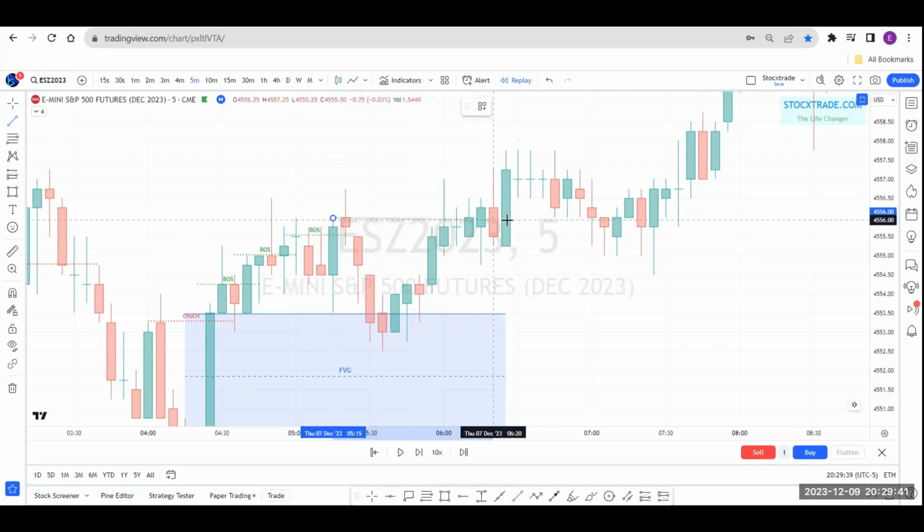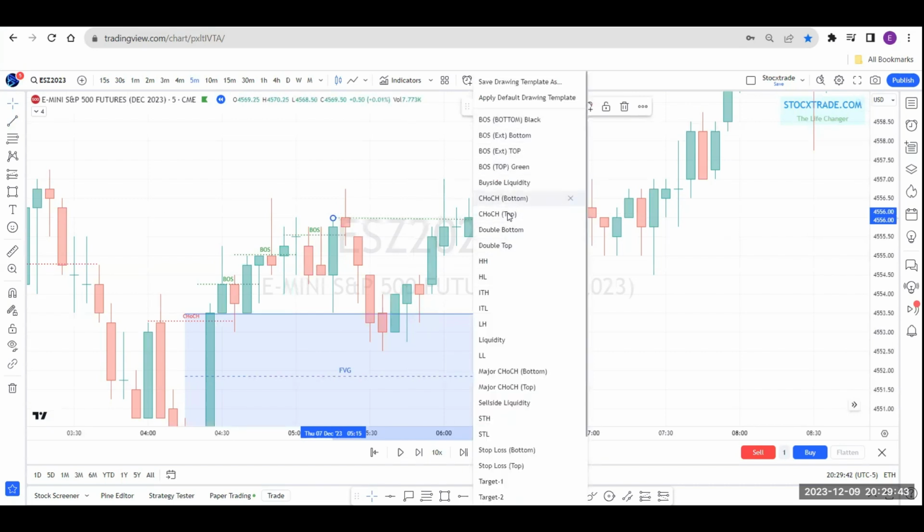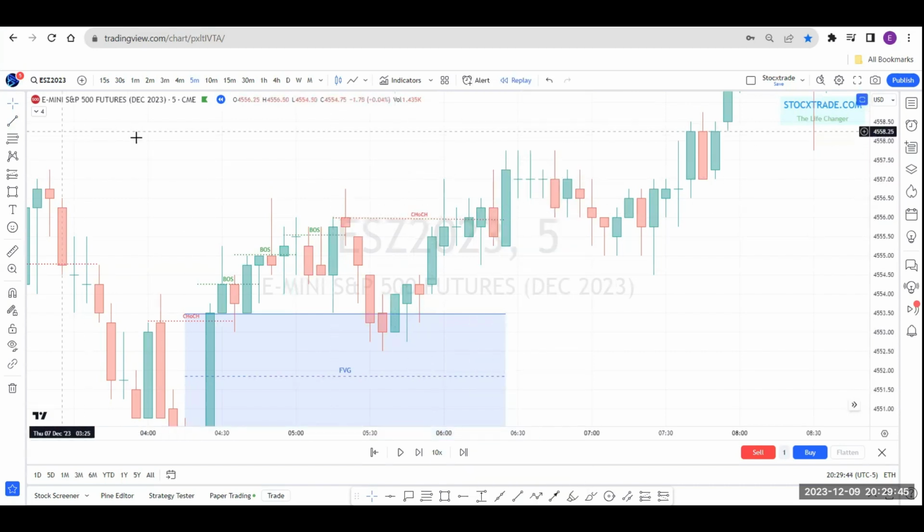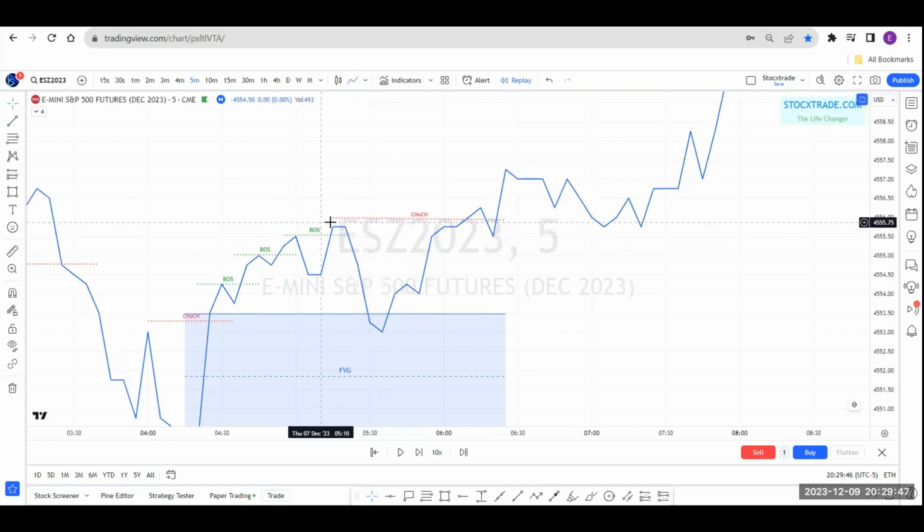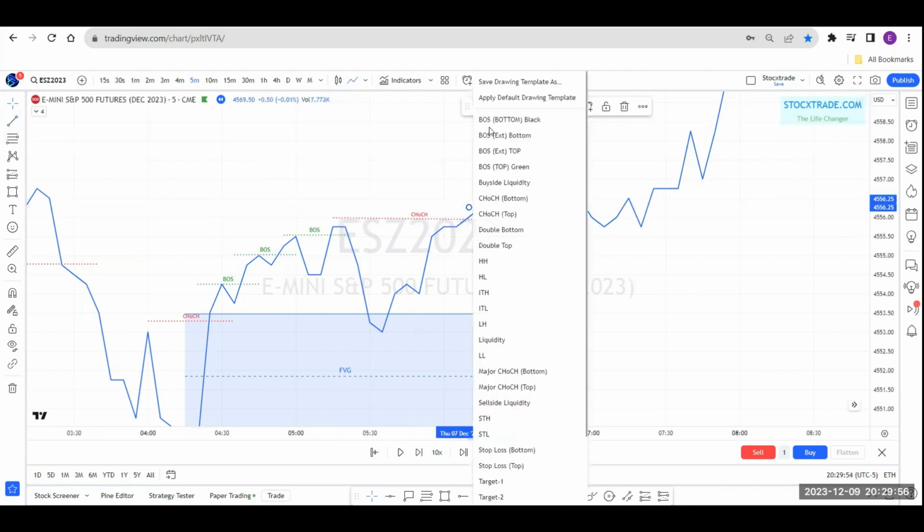This is your change of character again. The previous high is breaking, and this is your break of structure. If you miss the first trade, you are getting a second chance.